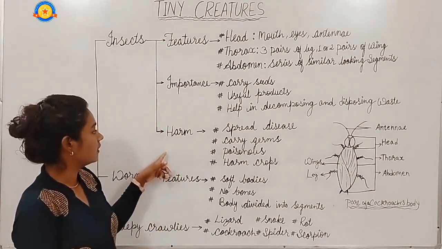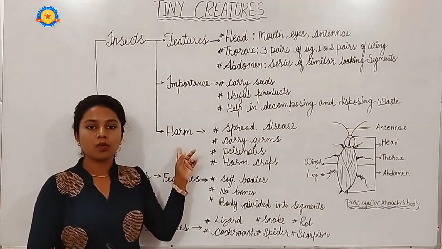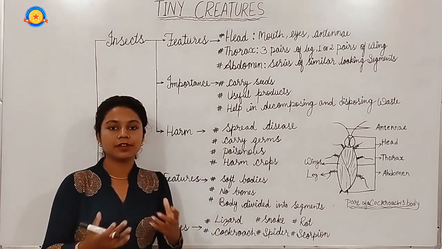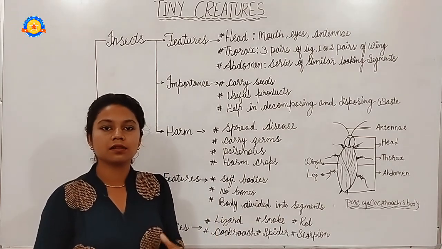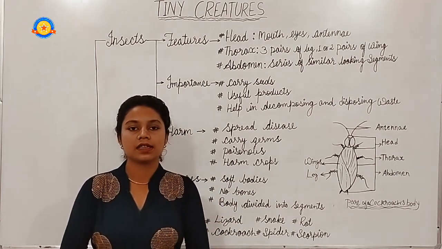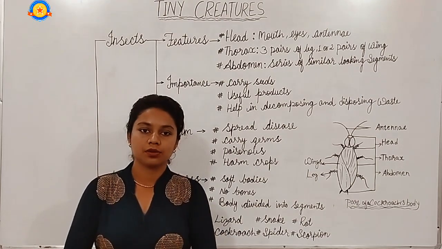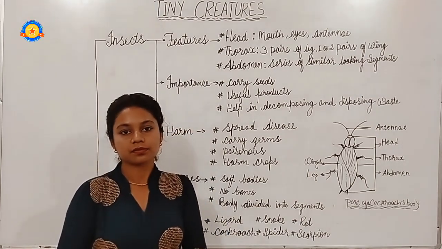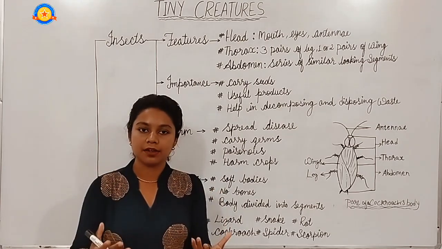Next we have harm. What are the harmful things which we get from insects? Now we will talk about that. Many insects spread diseases. Let's take the mosquito. This mosquito spreads diseases like malaria and dengue.